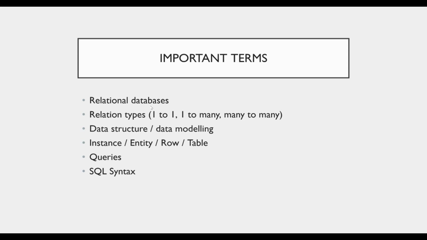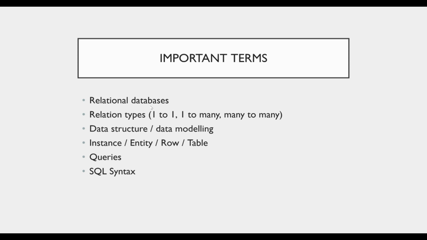We need to know some important theory terms in order to understand how the structured query language works. The first one we already said is the relational databases, the relations between the tables in the database, I mean. And these relations between the tables can be of three types mostly.